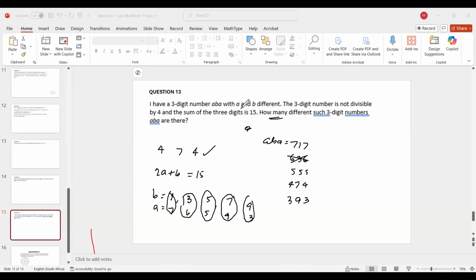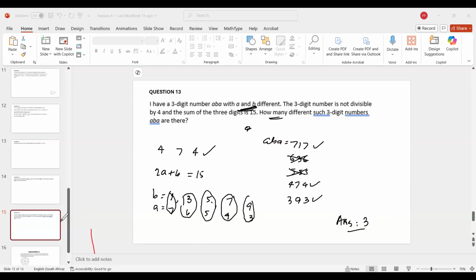They say that A and B are different. You must read your question nicely. Here, A and B are the same, right? So you have to knock this out as well. So the answer is that, and that. So there are 3 numbers. The answer is 3.